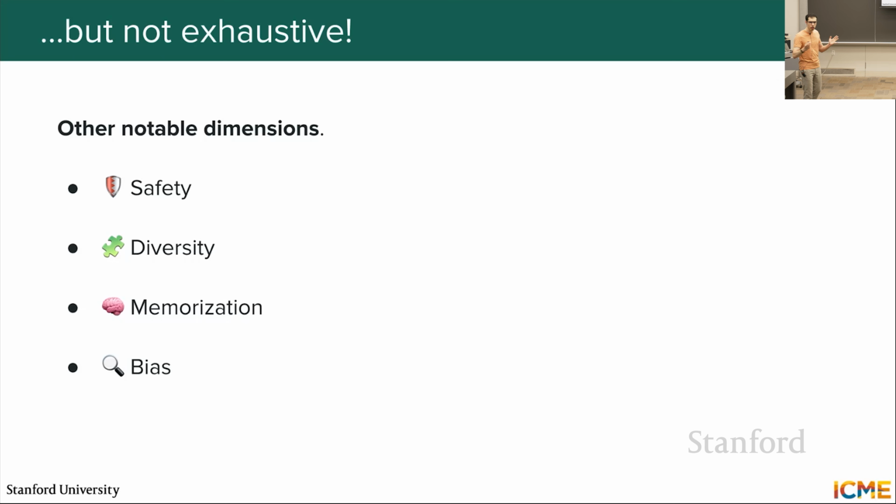And then you have a bunch of other dimensions. So here, for instance, the bias, you don't want your model to always output the same kind of output, which could be, again, misinterpreted.